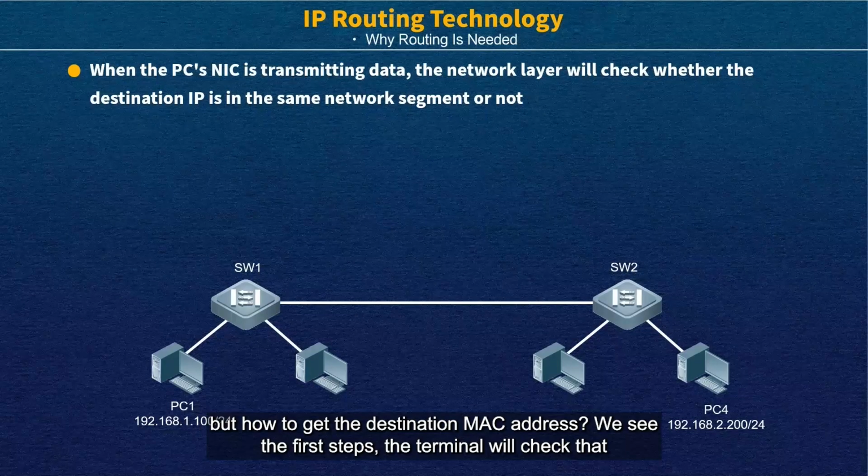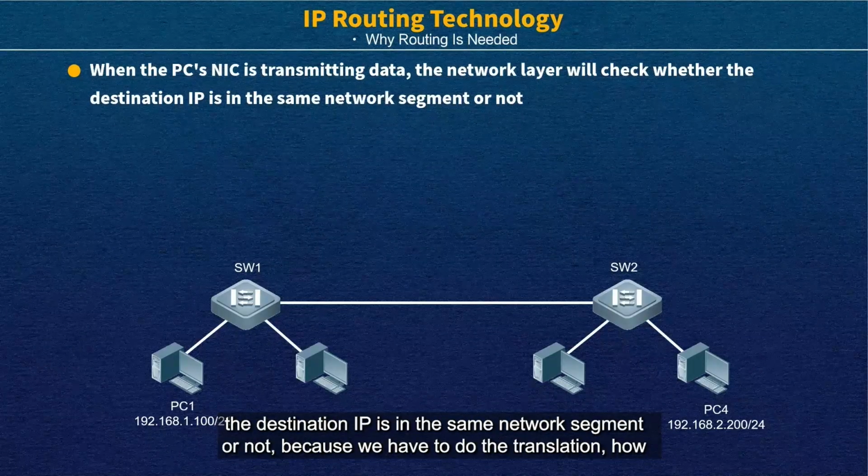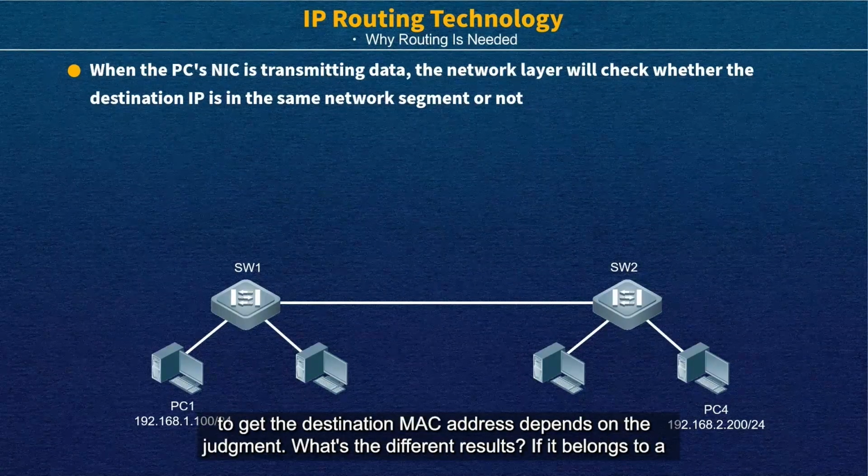But how do we get the destination MAC address? We said the first step is that the terminal checks whether the destination IP is in the same network segment or not, because we have to do the translation. How to get the destination MAC address depends on this judgment.